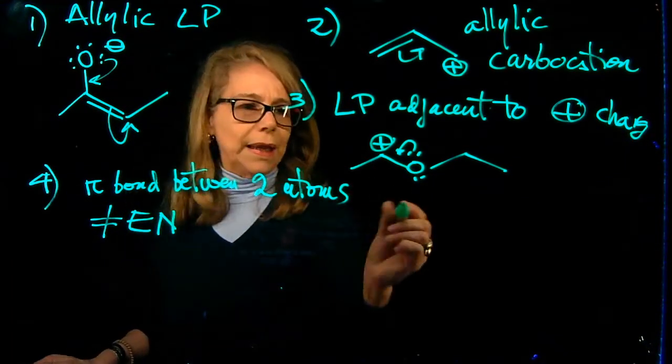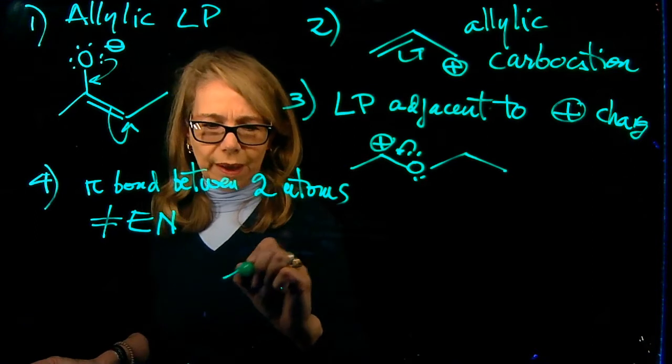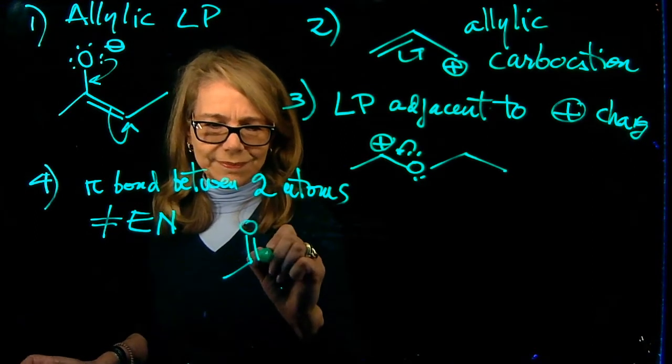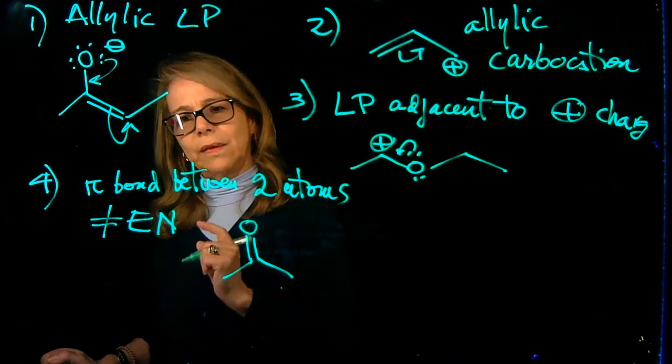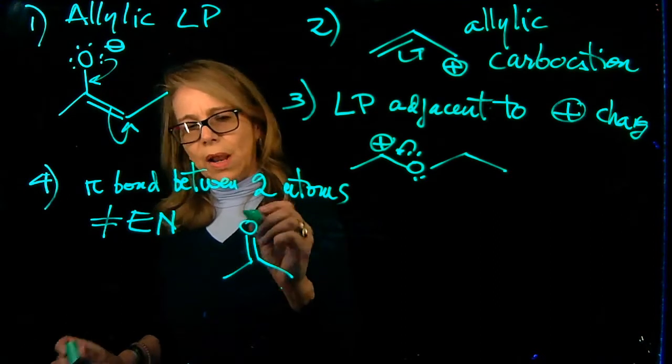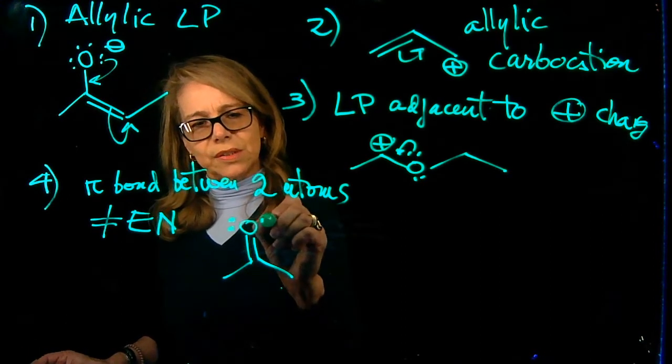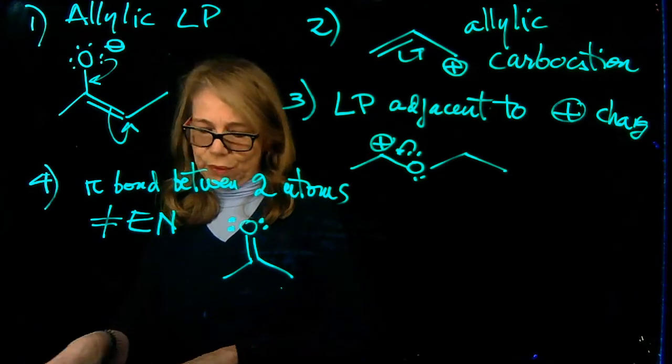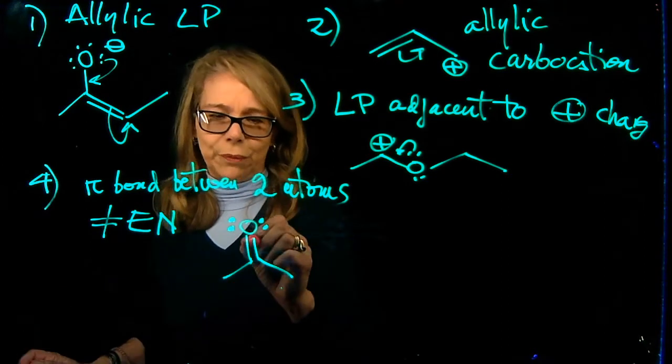That would be when we have, for example, this. Here's a double bond, so a pi bond between these two. And we know that oxygen is more electronegative than carbon. So that's another pattern that we recognize.